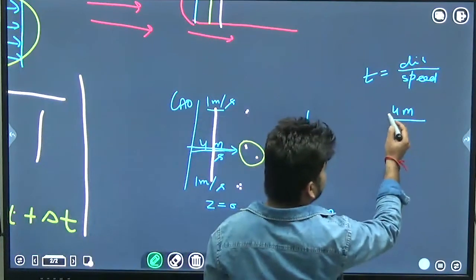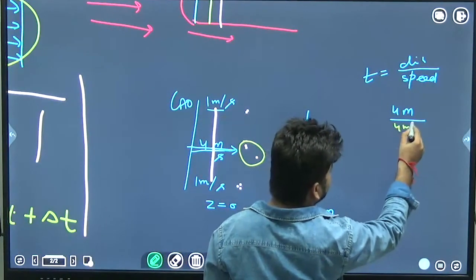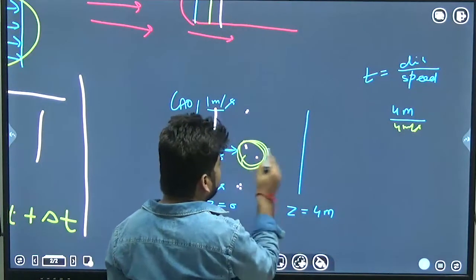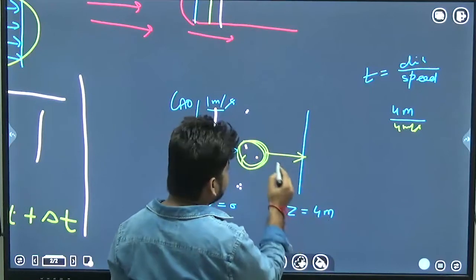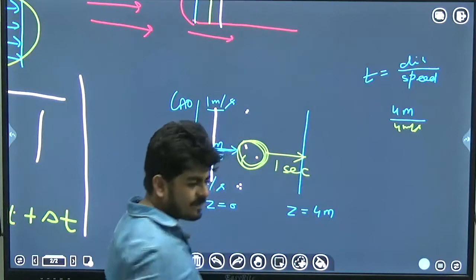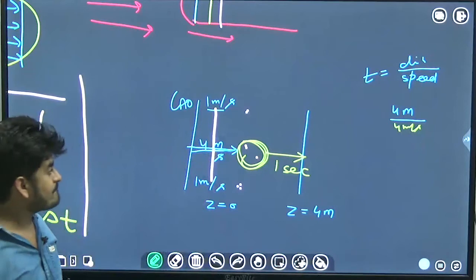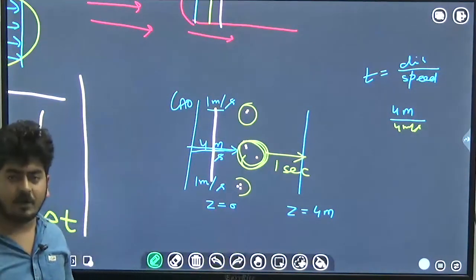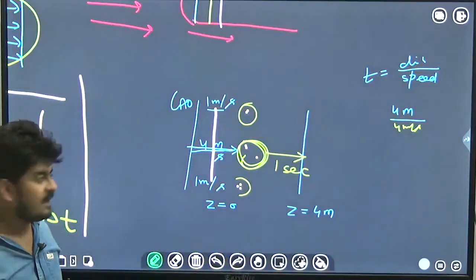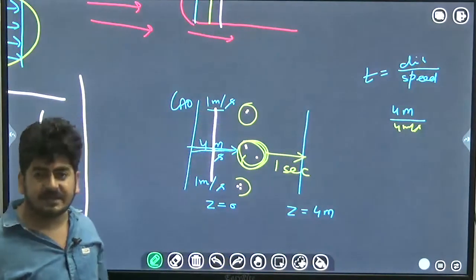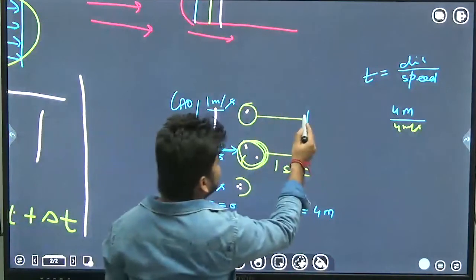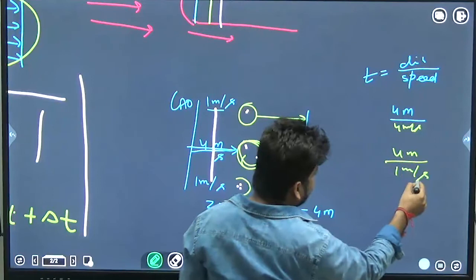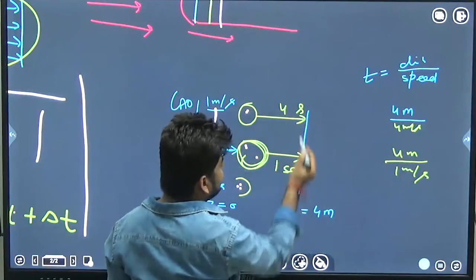They will cover it in 4 meter upon 4 meter per second, that is in 1 second. And the molecules which are near the walls of the pipe, their velocity is 1 meter per second. So they will cover this distance in 4 meter upon 1 meter per second, that is, in 4 seconds.